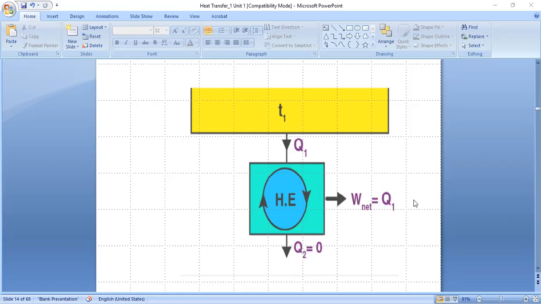That is the net work done. See, with 100% fuel consumed, there may be some 20 to 25% chance of loss, then you get a result of 80%. That is the net work done. Net work done is equal to heat supplied. See, this is the source and then the sink. Once the fuel is consumed and burned, then you get smoke.